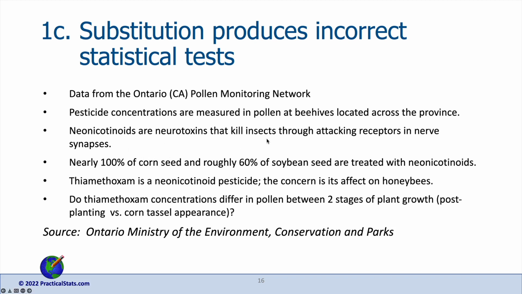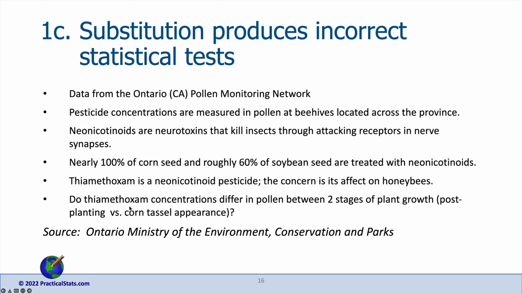And we're going to look at thiomethoxam, one of the neonicotinoids, and nearly 100% of corn seed and soybean seed, a large percentage, are treated with those before planting. And so we want to know how much do those pesticides affect the plants as they emerge and bees as they alight onto the plants. The concern is for the honeybees, of course.